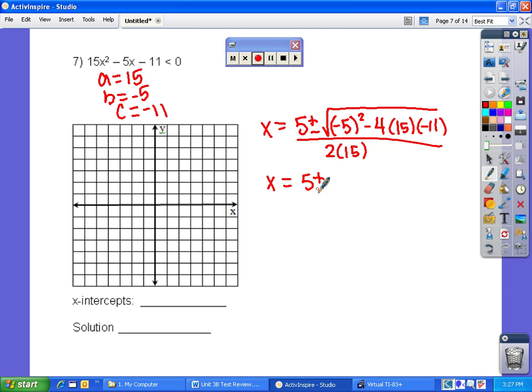Alright, so now you just need to work out what's underneath that square root. And it's 685.